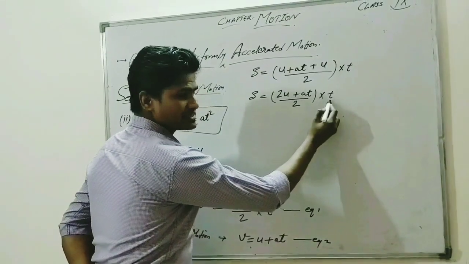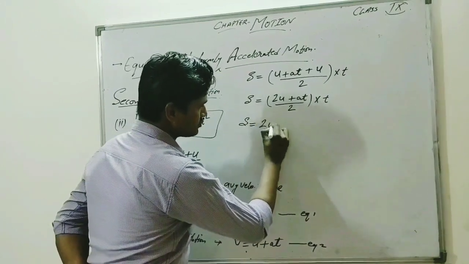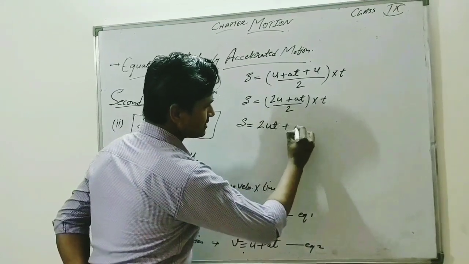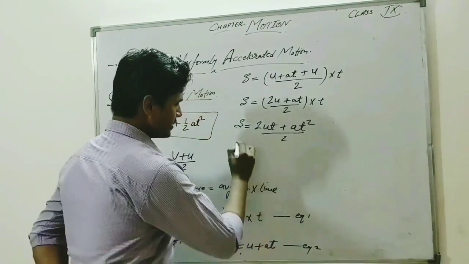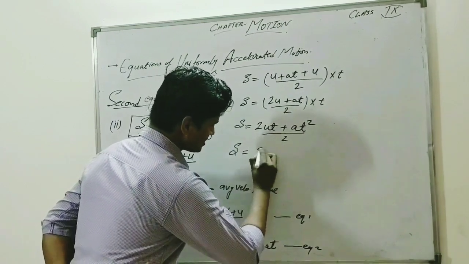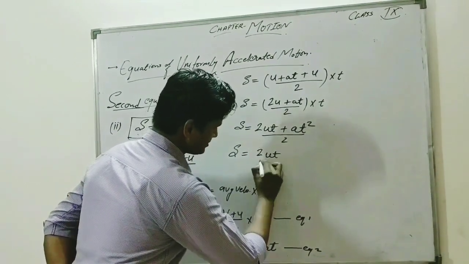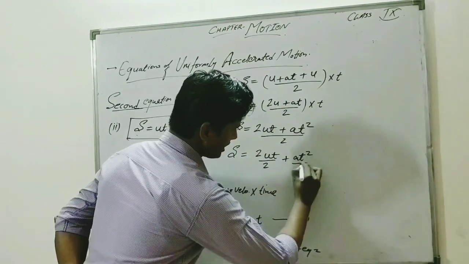Now, if I multiply this t in the bracket, we would get 2UT plus AT square upon 2. Now, if I separate the denominator, we get 2UT upon 2 plus AT square upon 2.